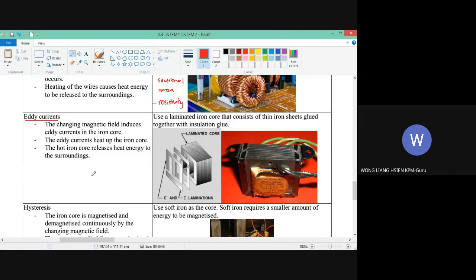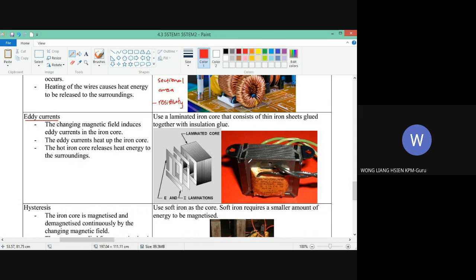However, the core of the transformer, this piece of metal, is also a conductor. That means when the primary coil produces the changing magnetic flux, the core of the transformer is also exposed to the changing magnetic flux.